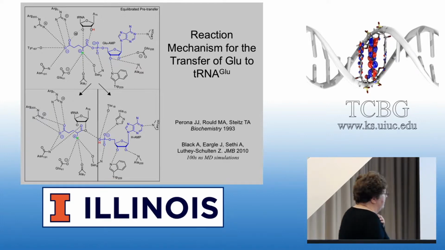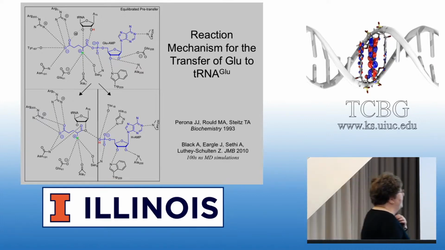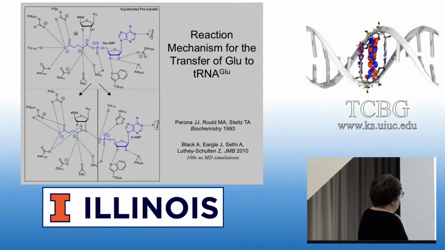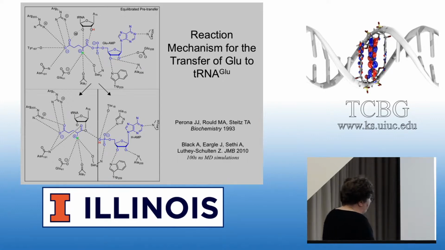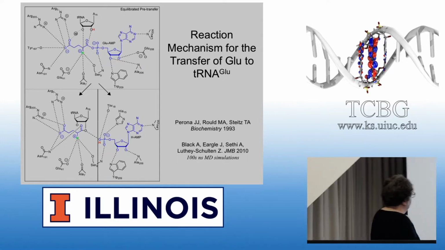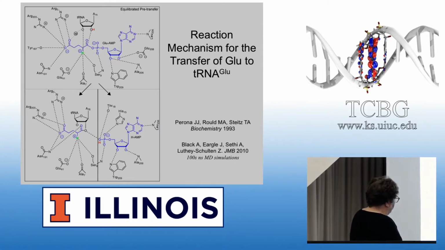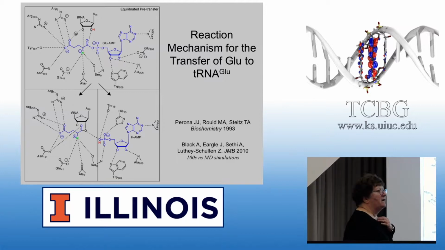The mechanism that he had suggested is that when this thing splits apart, this oxygen here is now bound to the OH group there, and that hydrogen has come down and now is on the AMP moiety, and then this should be leaving the active site.